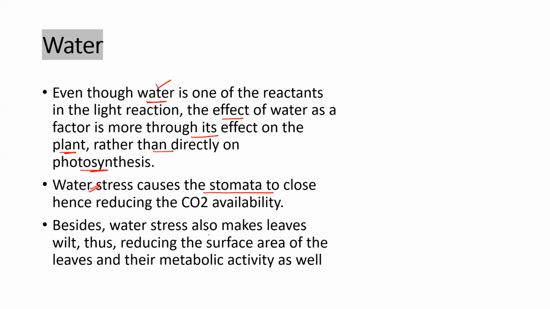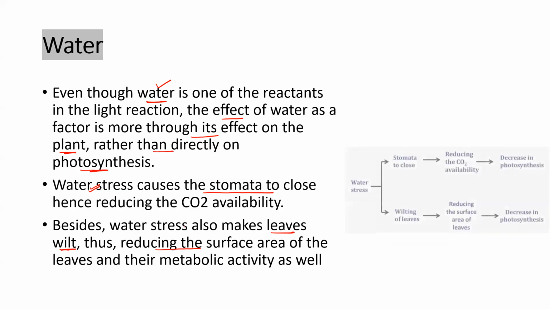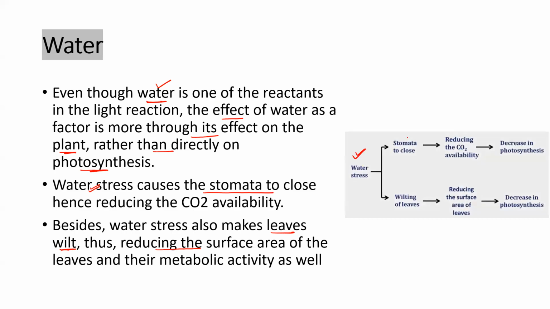It can also make the leaf wilt, thus reducing the surface area, and obviously metabolic activity also decreases. So water stress can cause stomata to close, reducing availability of carbon dioxide, then photosynthesis decreases. It can also cause wilting of the leaves, reducing the surface area and thus again decreasing photosynthesis.